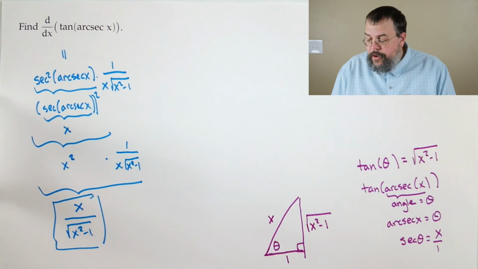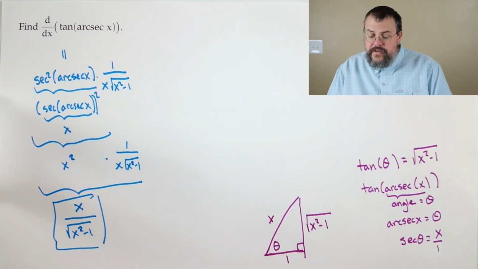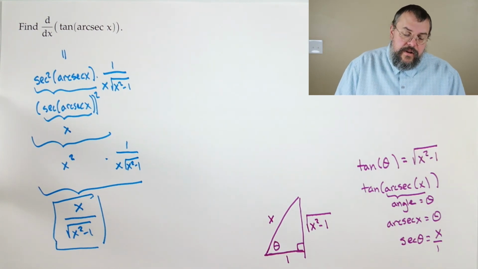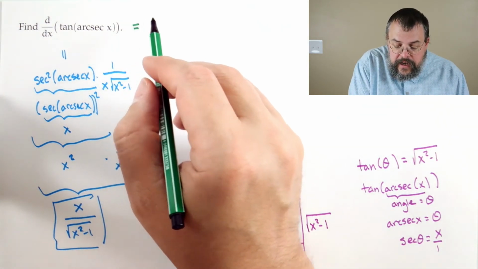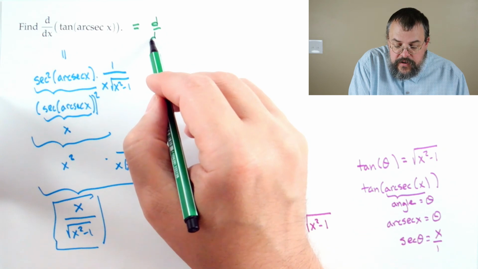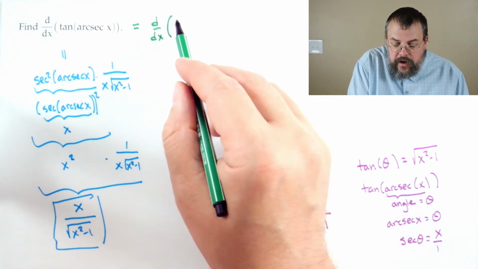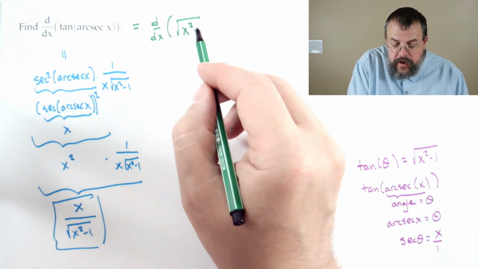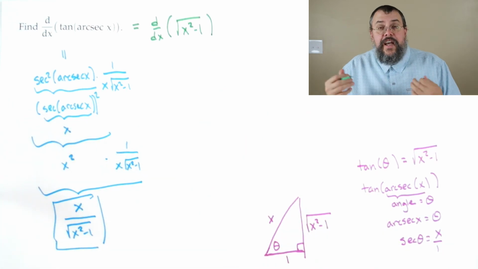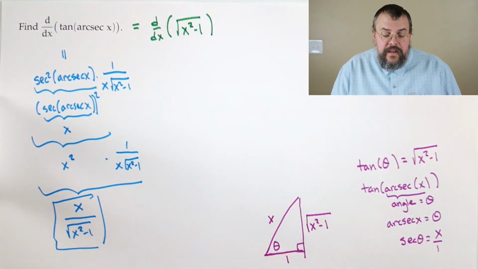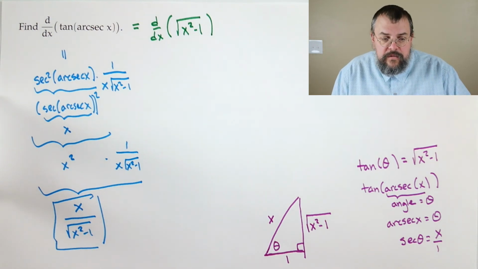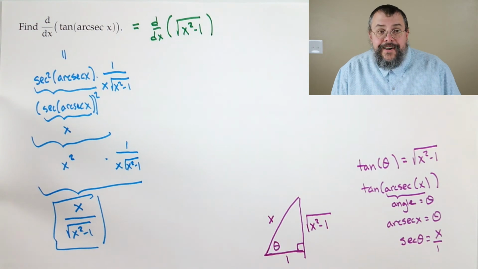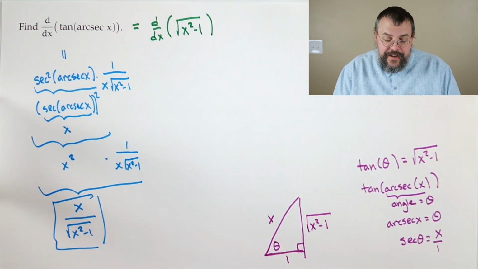So now, lo and behold, tangent of arcsecant of x can be simplified, and is equivalent to the square root of x squared minus 1. Asking for its derivative is the same as asking the derivative of the square root of x squared minus 1. All right, so we're almost there.